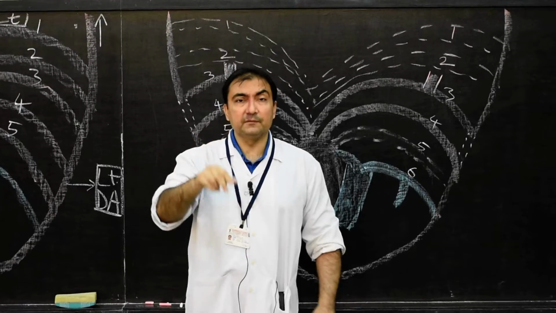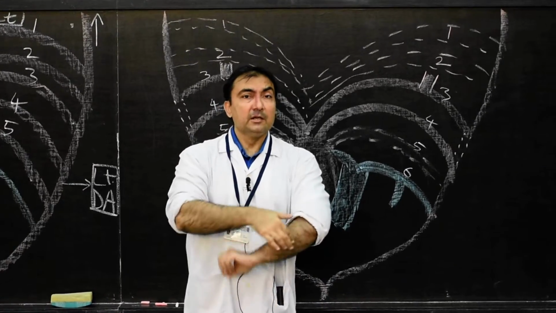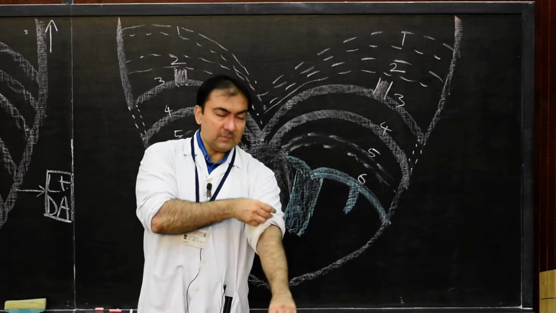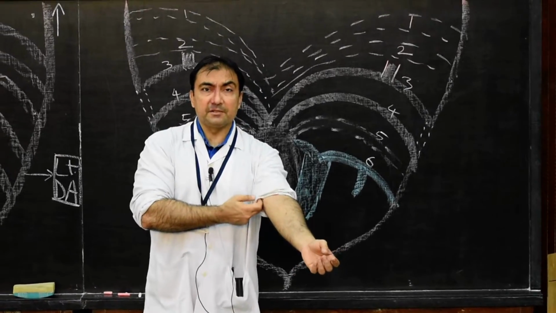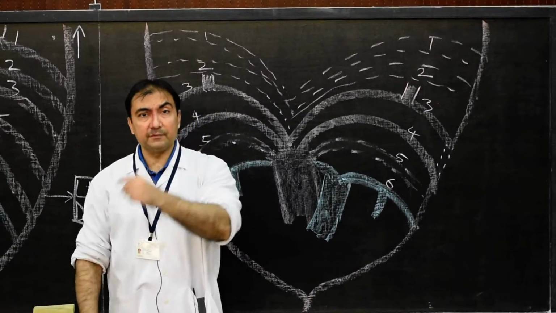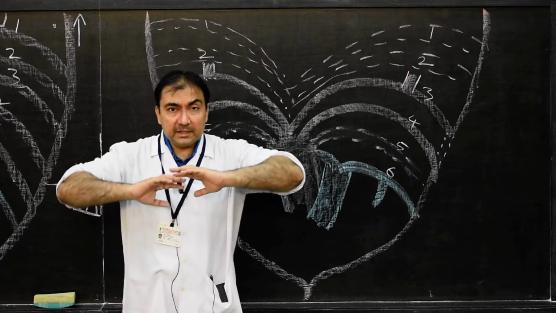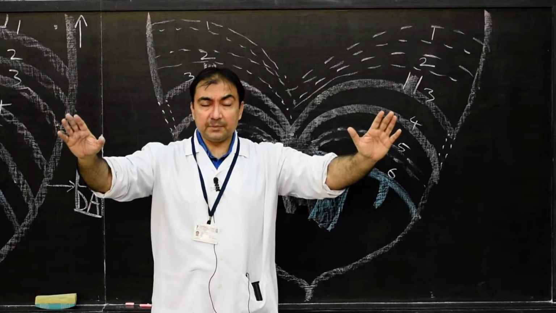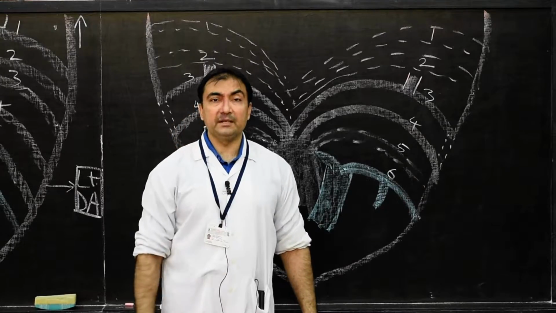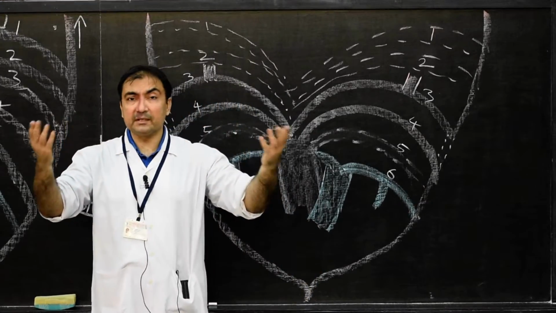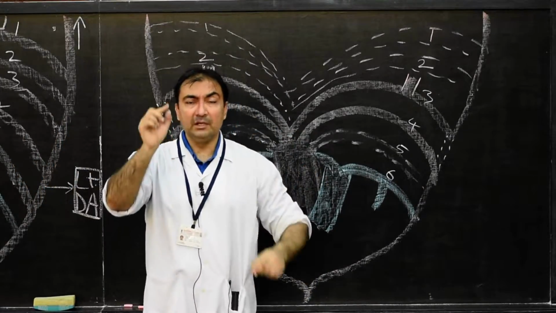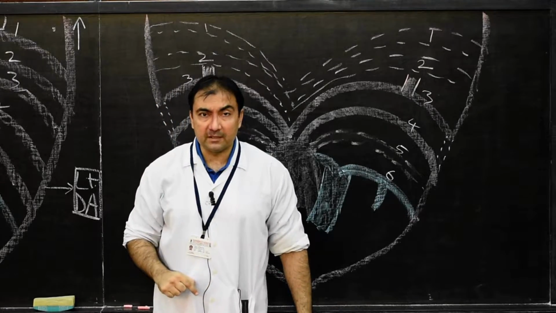Now it is asked in 1 mark MCQs: which is the artery of the first arterial arch? Maxillary artery. Which is the artery of the second arterial arch? Stapedial artery. Majority part of the first arterial arch will disappear except for a small segment which will remain as maxillary artery. Majority part of the second arterial arch will disappear except for a small segment which will remain as stapedial artery.